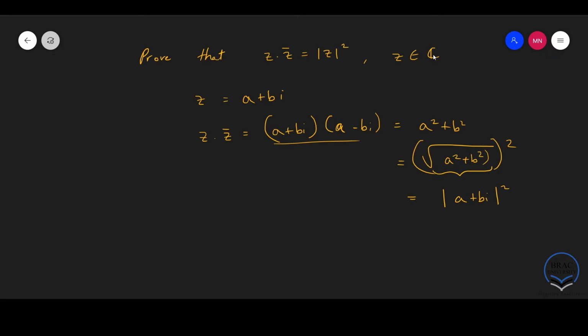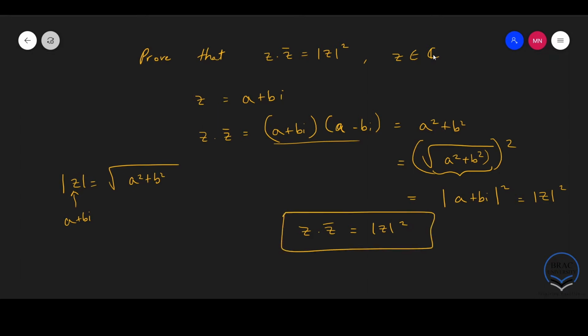We've shown that the magnitude of z is equal to the square root of a squared plus b squared, where z is a plus bi, right? So this is just equal to the magnitude of z squared. So we have shown that z times its conjugate is equal to the magnitude squared. So we have just shown this.